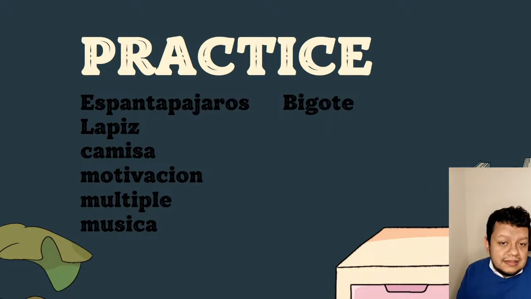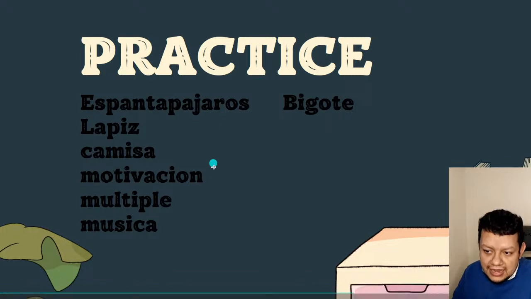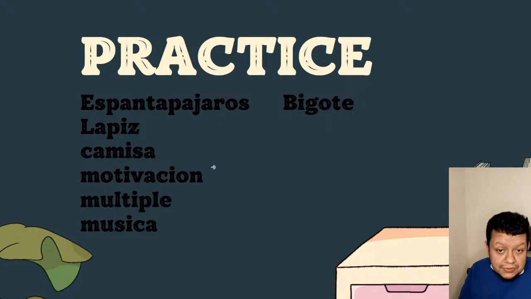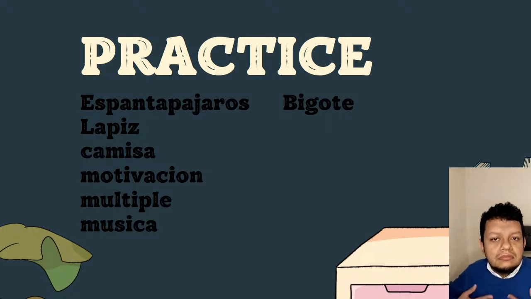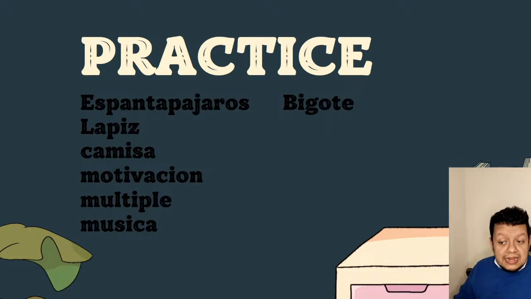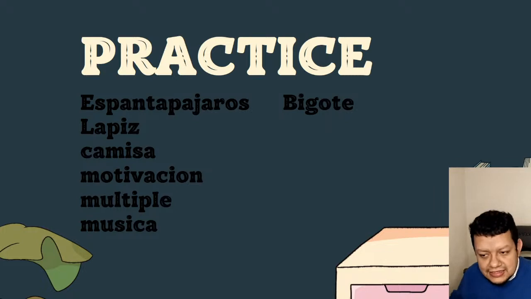Now, this has more than 3 syllables, so we are expecting the accent mark on the second to last syllable, on the A. Lápiz, we know from our examples that it goes on the A. Camisa is just like shirt, like a button shirt. Because it ends with a vowel, we don't have any accent marks anywhere on that.